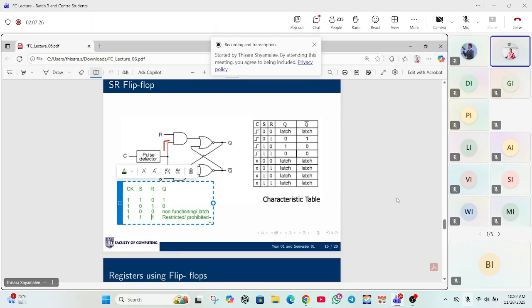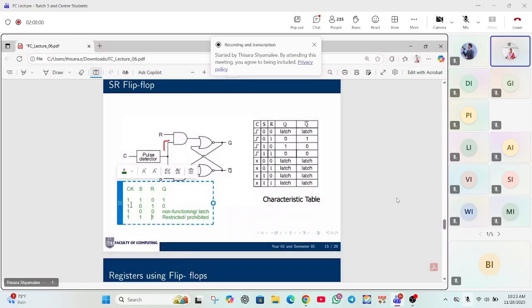So here, when the clock signal is 1, that means the clock signal is provided, and the S and R values are 1s, then we call it the restricted or prohibited state. These belong to when the clock signal is provided.